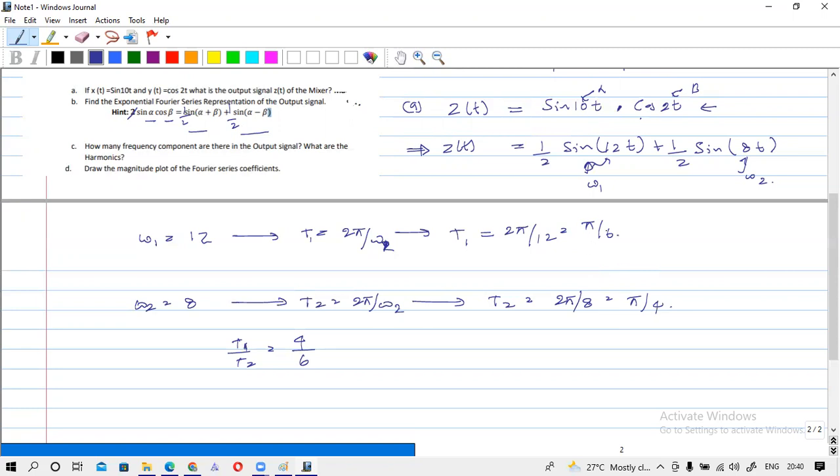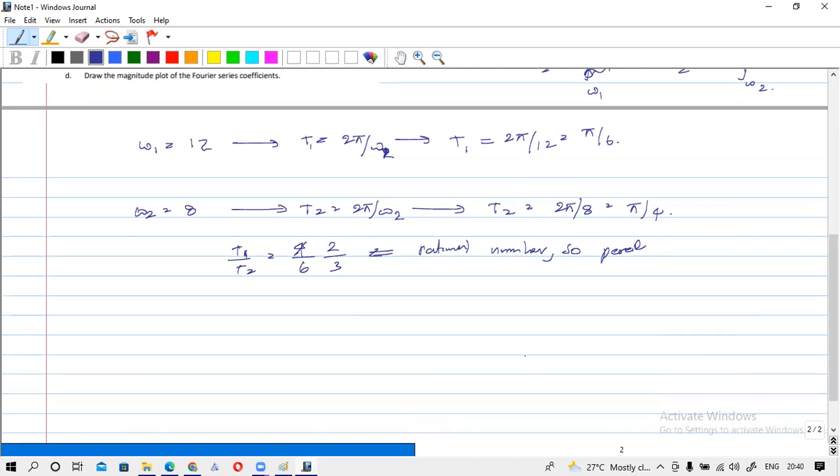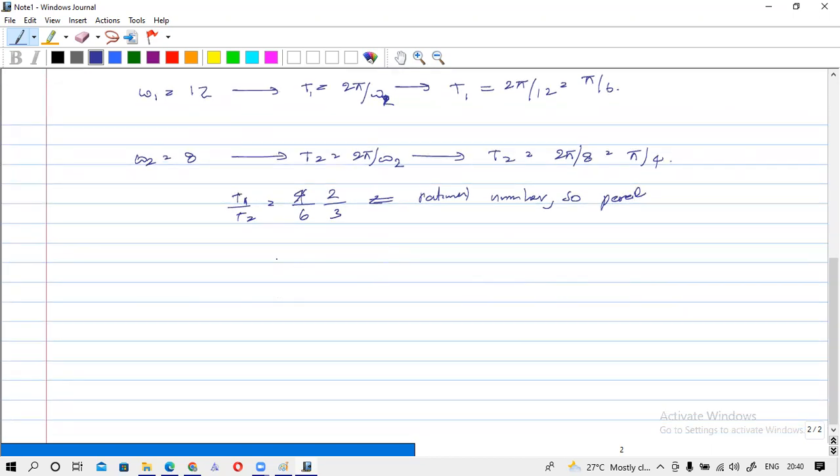So pi cancels out, and this 6 will be there and this 4 will go up, so it will be 4 by 6. So you have 2 by 3. This is a rational number, and so the signal is periodic.